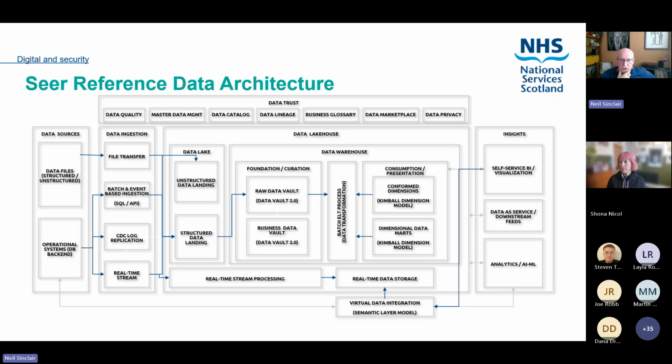This gives us a modular, scalable, and future-proof reference architecture that guides how we design, build, and operate Seer longer term. Technologies may change, but the capabilities always stay constant. This provides stability and direction as the platform evolves. So how have we provisioned the capabilities outlined in this reference architecture?